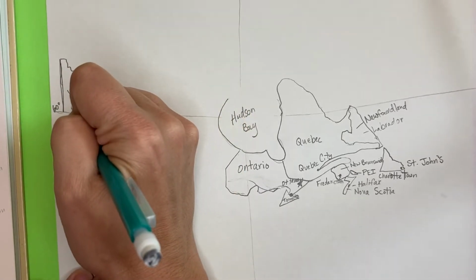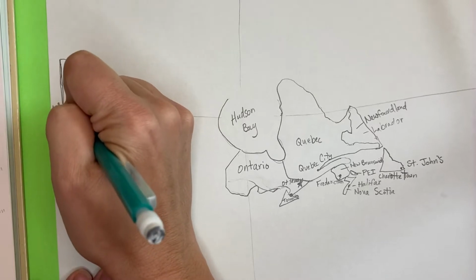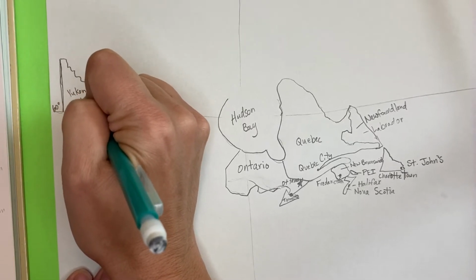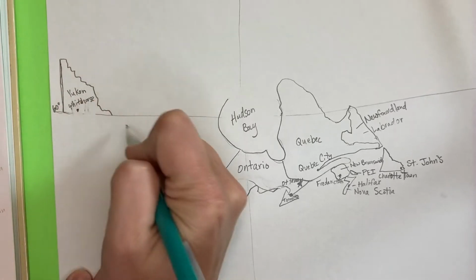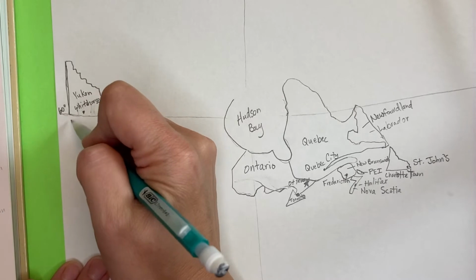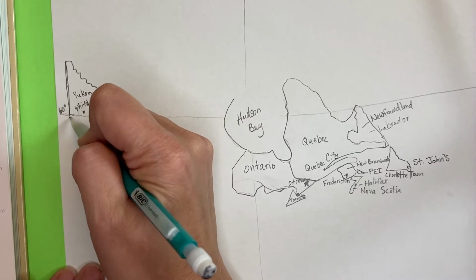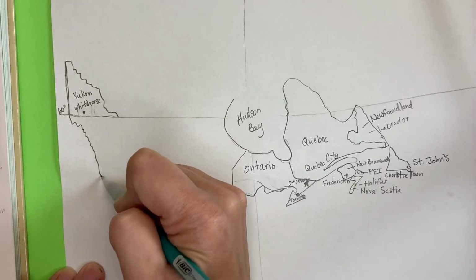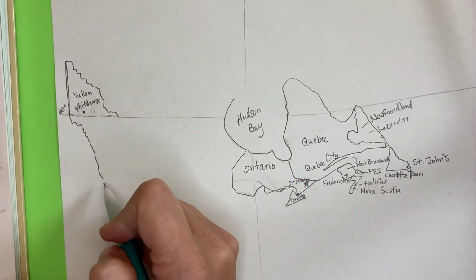Whitehorse is kind of in the middle by the bottom, and that is the capital, okay? Whitehorse. All right, then for British Columbia underneath, we're going to kind of go like this and down like that.